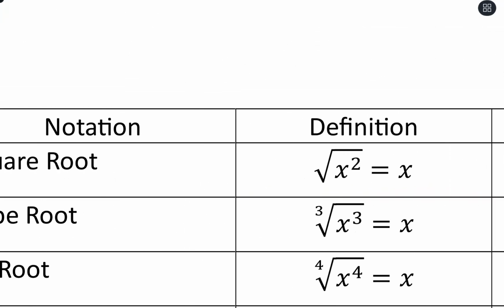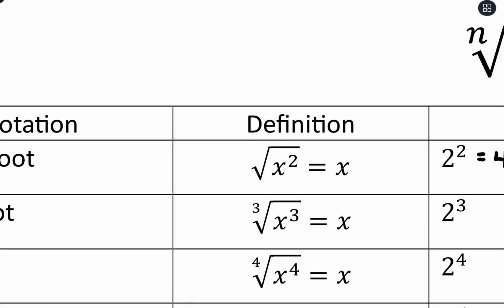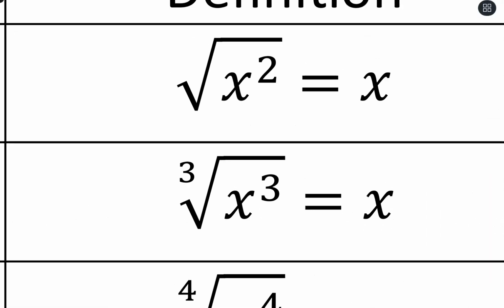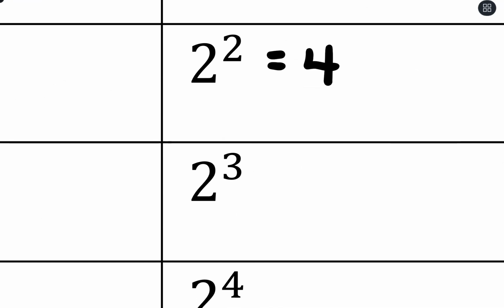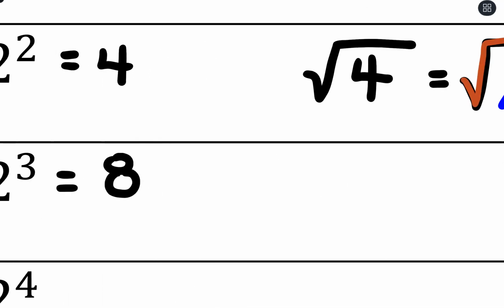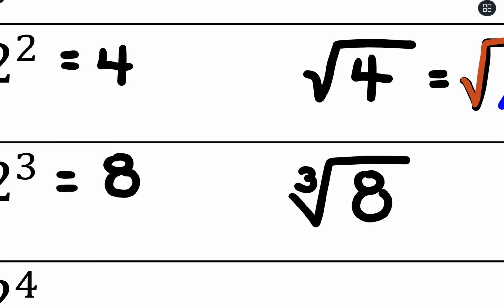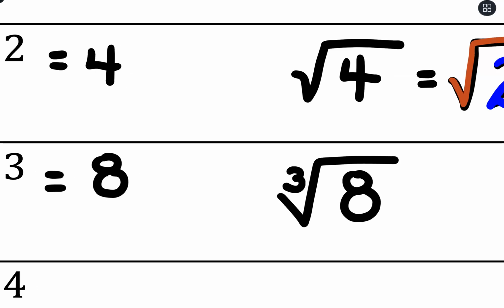Similarly, we can take different level roots. So like we'd have a cube root. And with that, we're thinking what cubed gives us the value underneath the radical. So with the cube root, say we're taking 2 cubed, well, that's the equivalent of 8. So if I'm looking at the cube root of 8, I'm thinking what cubed would give me a value of 8?